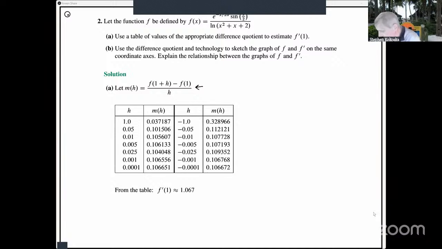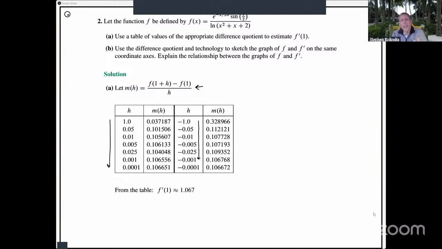Here, h is getting closer and closer to 0 from the right-hand side. Here, h is getting closer and closer to 0 from the left-hand side. And I feel kind of lucky here. This expression m of h seems to be approaching the same value. It kind of looks like to me, with 3 digits of accuracy, that it's getting closer and closer to 1.067.